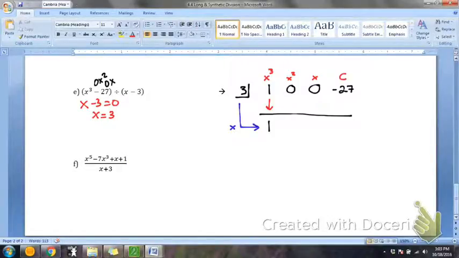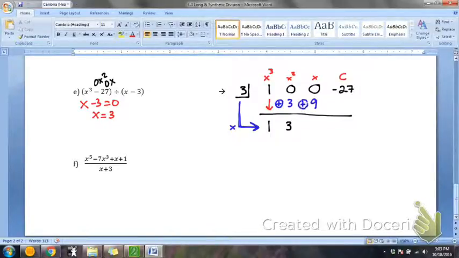Good. 3 times 1? 3. We add, you're always going to add these two rows together. So 0 plus 3 is 3. Go back to your pocket. 3 times 3. 9.